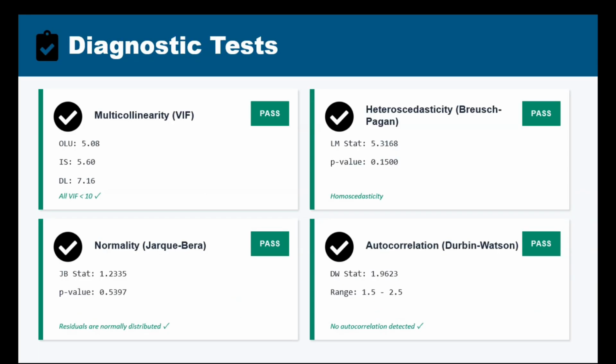So the diagnostic testing, can you see the multicollinearity? My multicollinearity is okay, it passed the tests. Heteroscedasticity passed the tests. The autocorrelation also passed the tests. The normality also passed the test.